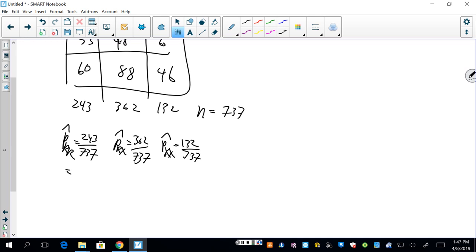What are those numbers? I guess I have to do a little bit of computing. You get those proportions.